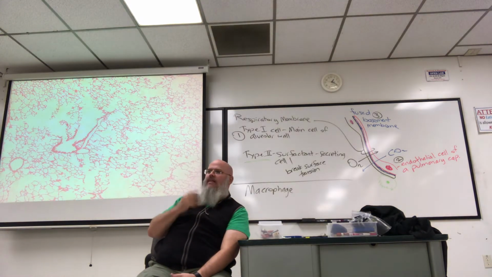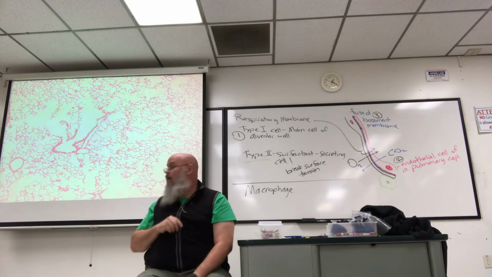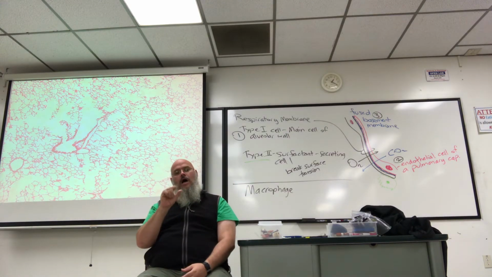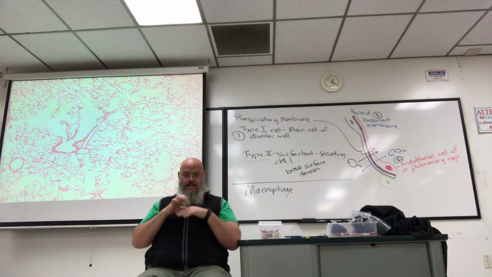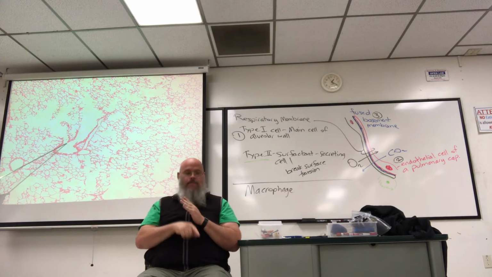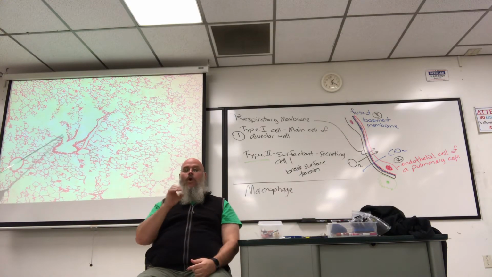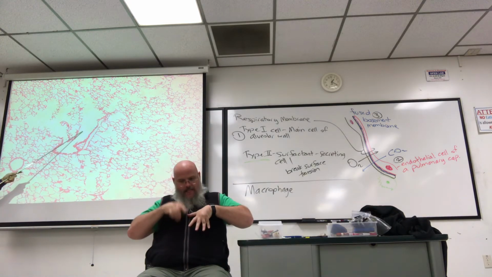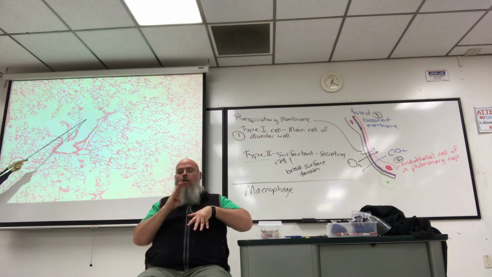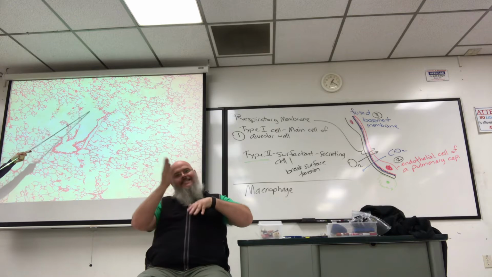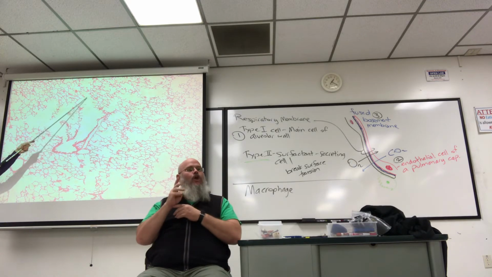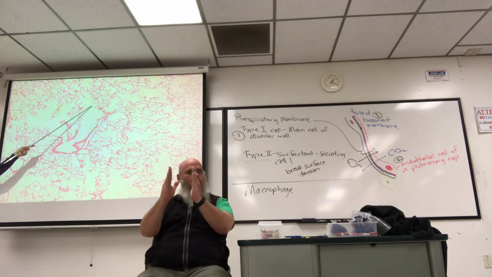If you look at the histology of healthy lung tissue, this is what we see. This is deep in the lung tissue. This is a bronchiole, and you see how it branches right there? When it branches, it gives rise to the alveolar duct. The alveolar duct is like a hallway, and along the hallway there are all these rooms.